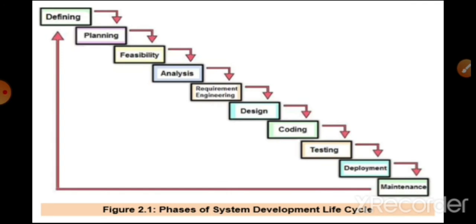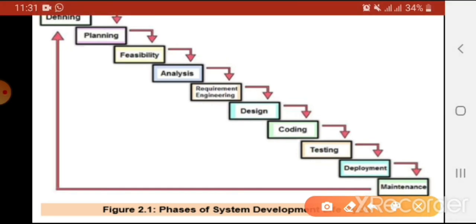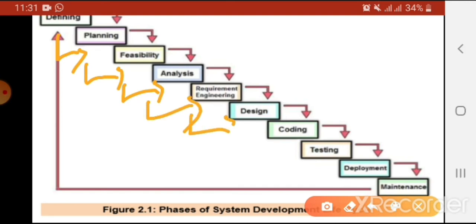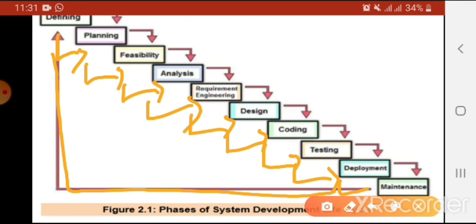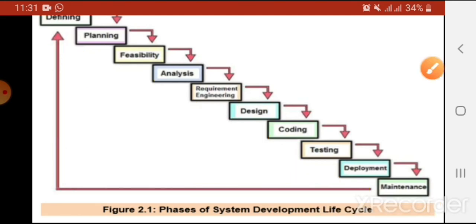This is the diagram of phases of SDLC, which starts from defining phase. After defining phase, we will come to the planning, then feasibility, then analysis, requirement engineering, designing, coding, testing, deployment, maintenance, and if you see from this maintenance to again defining, it means it is an ongoing process.